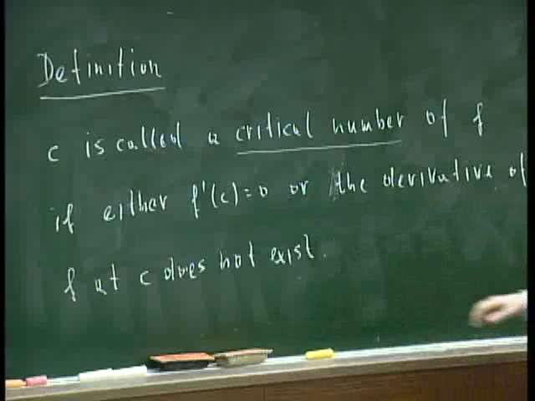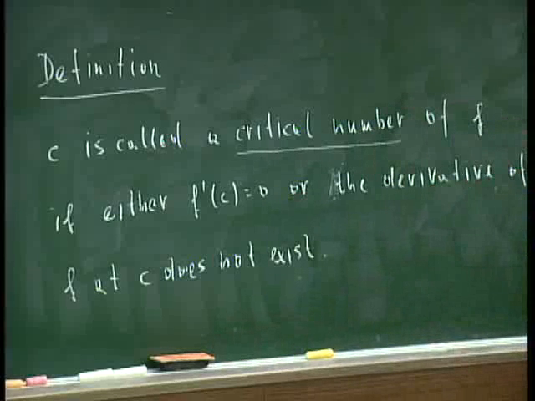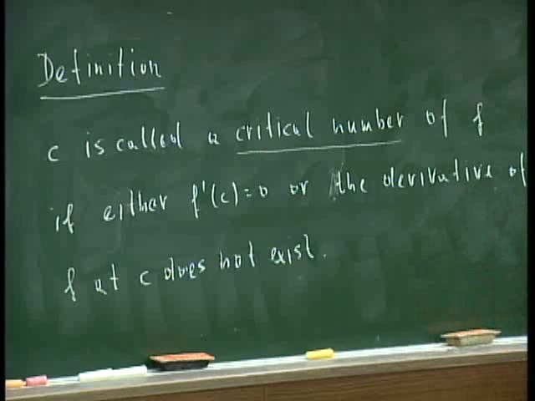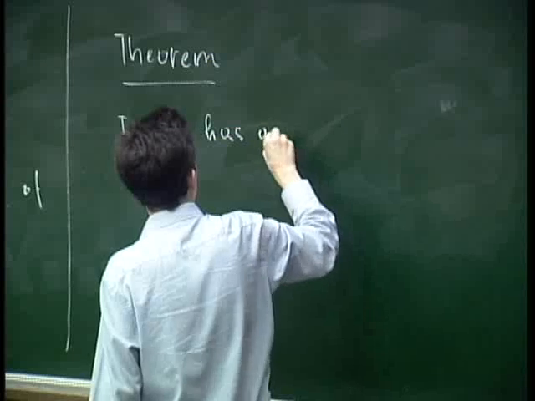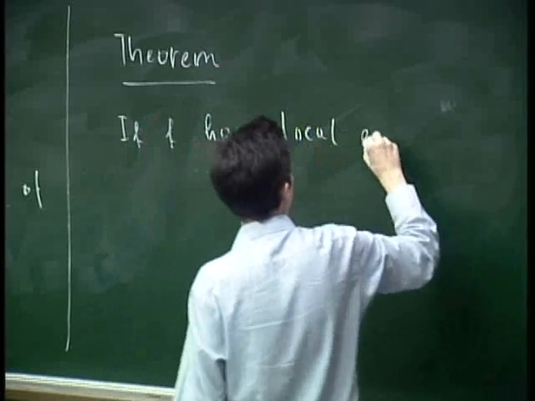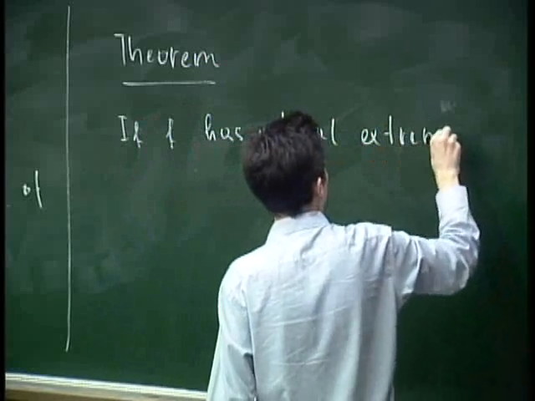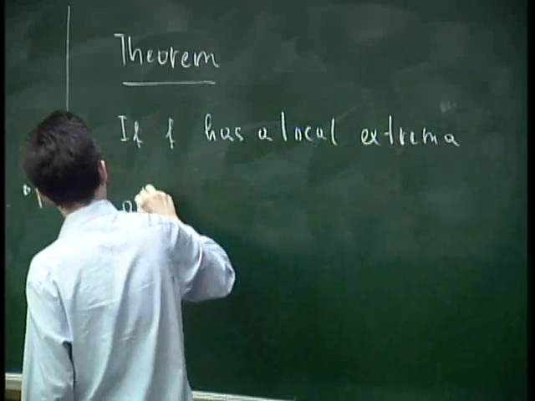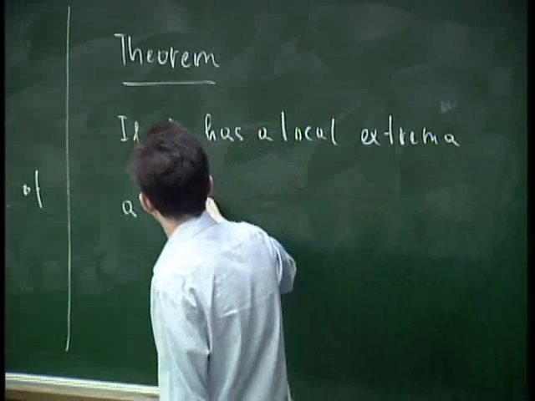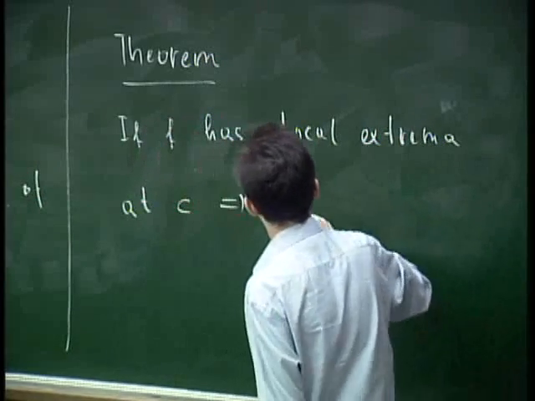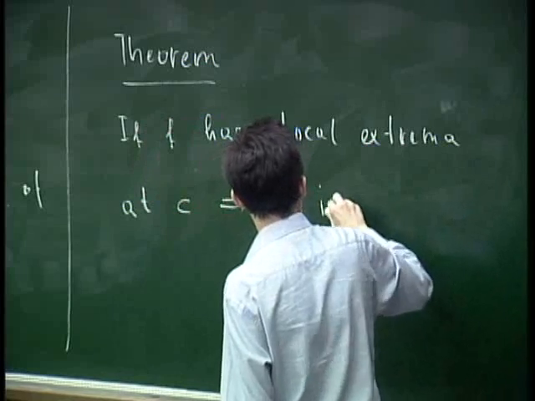So you can now reformulate Fermat's theorem. You can call this another version of Fermat's theorem: if f has a local extrema at C, then C is a critical number of f.